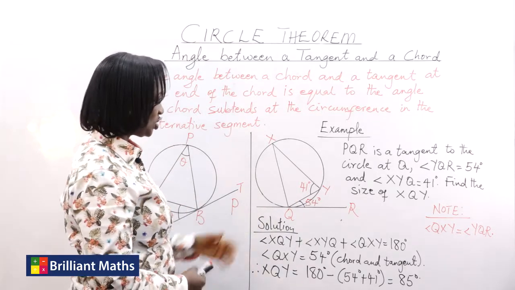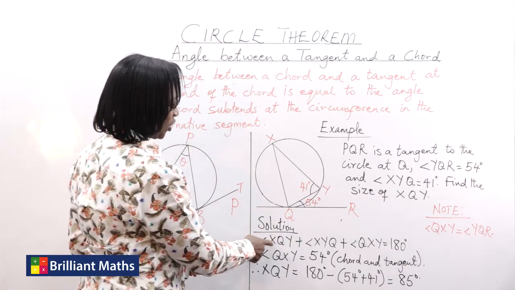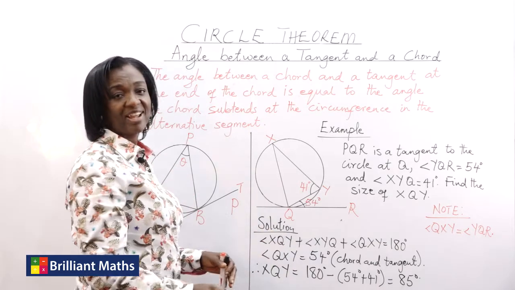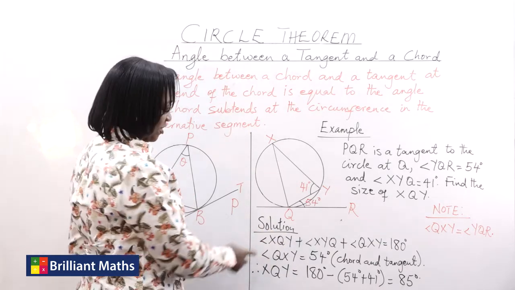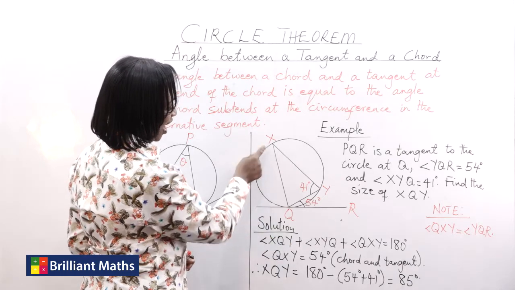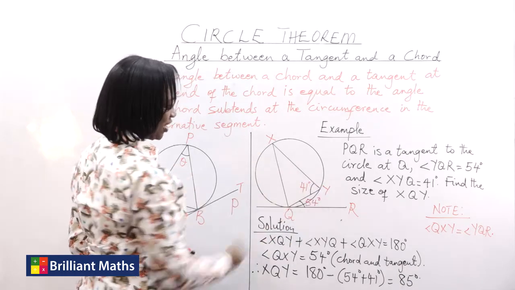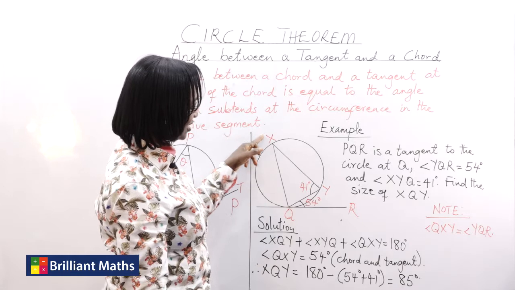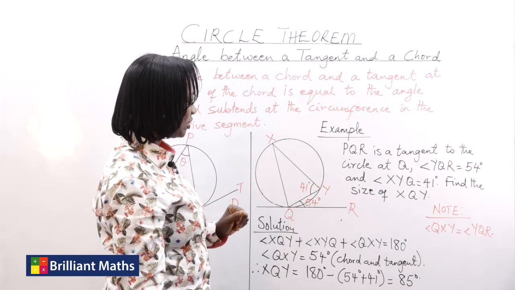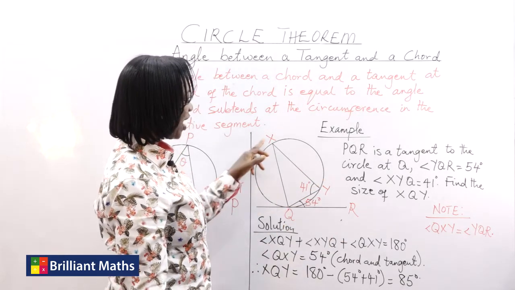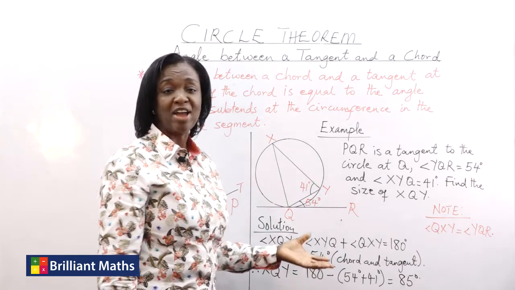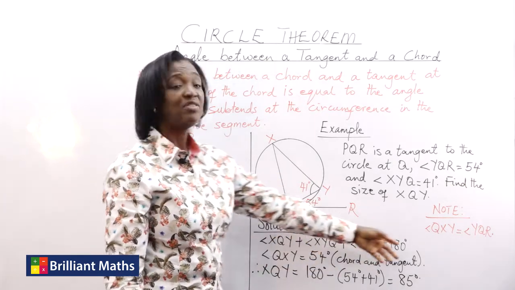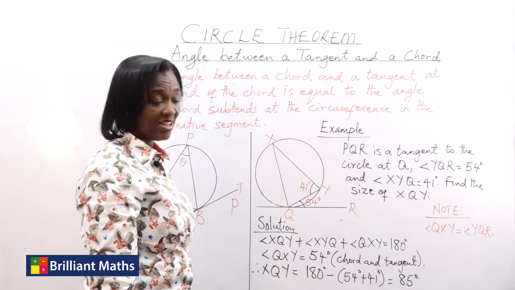So solution, angle XQY plus XYQ plus QXY. Those are just the three angles in the triangle, and they will give us 180 degrees.